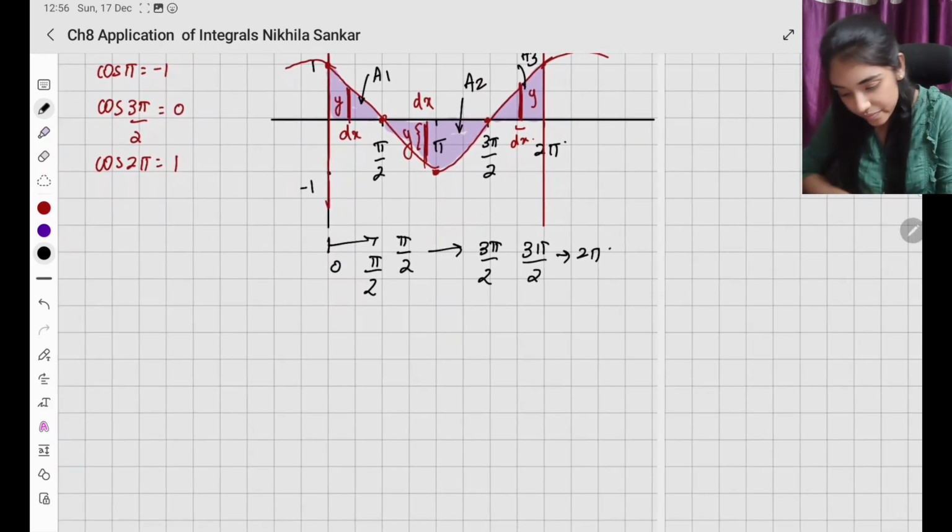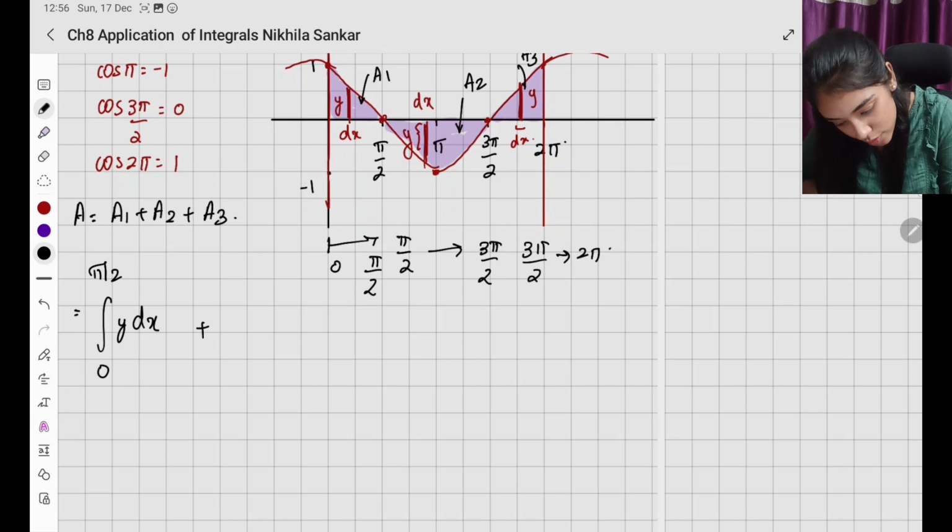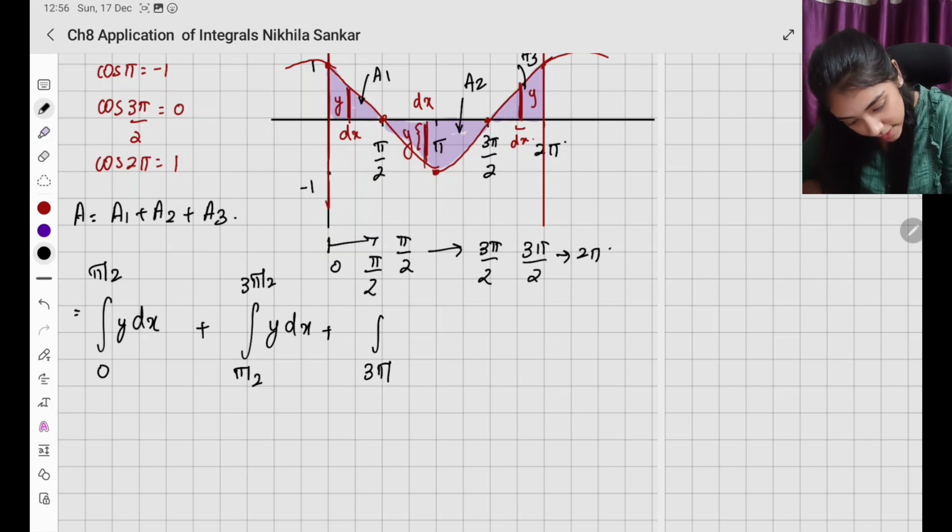So the area is going to be a1 plus a2 plus a3, and this is going to be the integration of y times dx. How does the first integral look? 0 to pi by 2, plus integration of pi by 2 to 3 pi by 2 of y dx, plus integration of 3 pi by 2 to 2 pi of y dx.